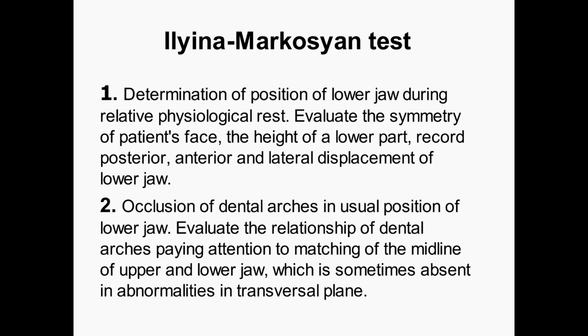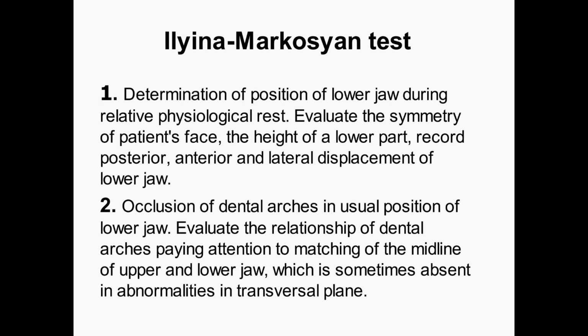The test consists of the following 5 tests. First, determination of the position of the lower jaw during relative physiological rest. Evaluate the symmetry of the patient's face, the height of its lower part, and record posterior, anterior, and lateral displacement of the lower jaw.